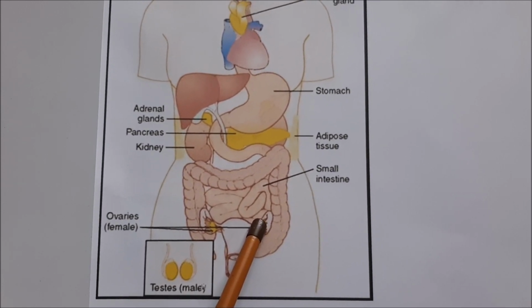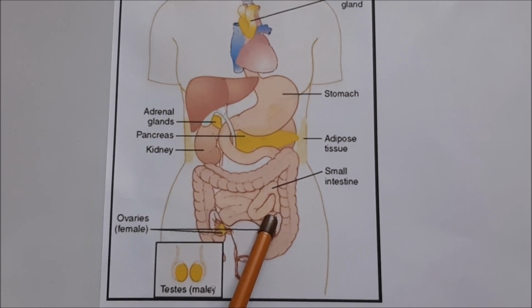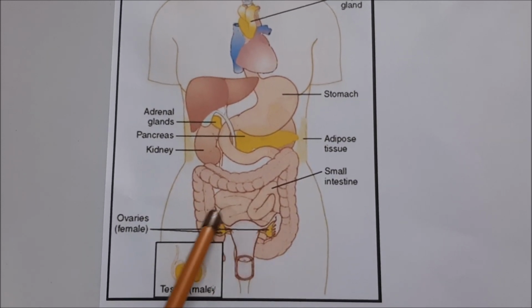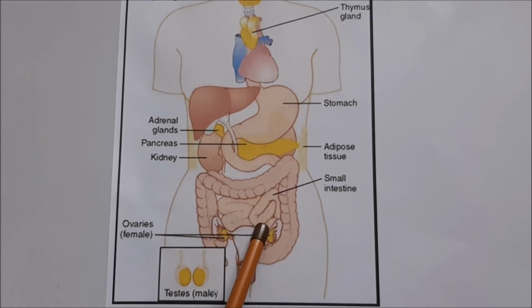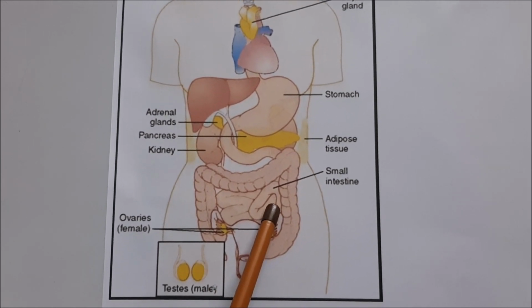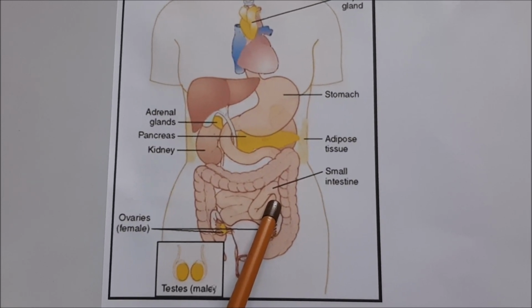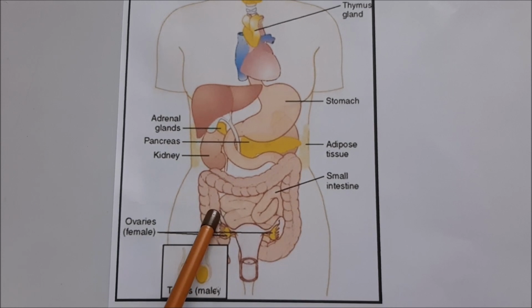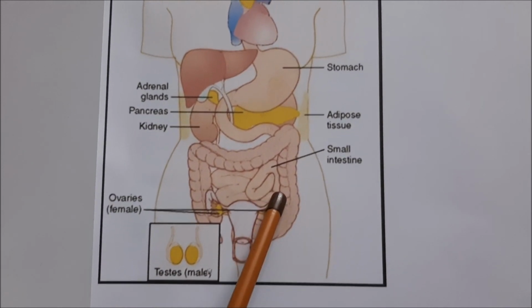One is the placenta, and in some books the corpus luteum is written as acting as an endocrine gland. The corpus luteum maintains the pregnancy for the first 3 months, and it releases estrogen and progesterone, which are chemically steroids.